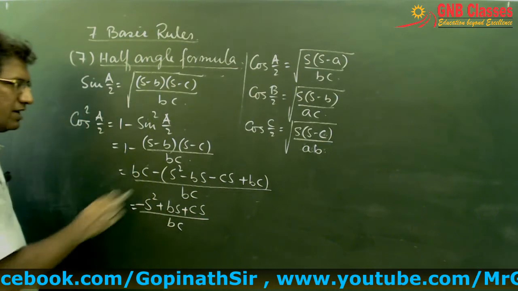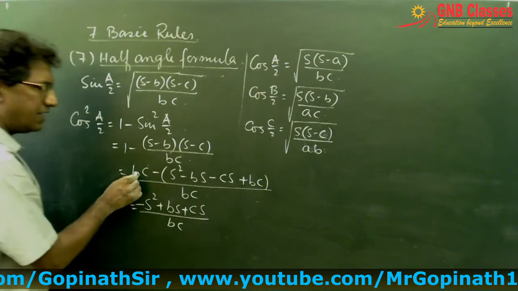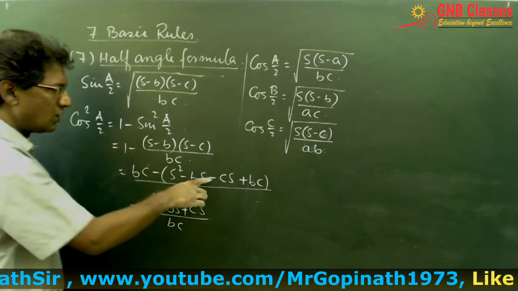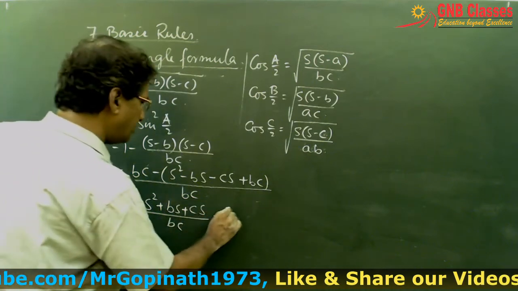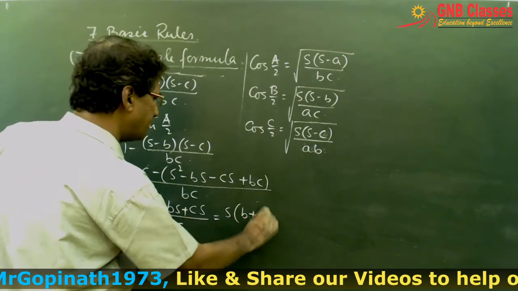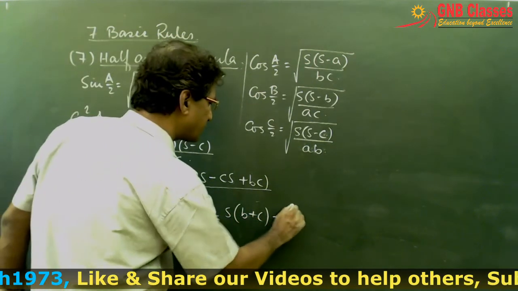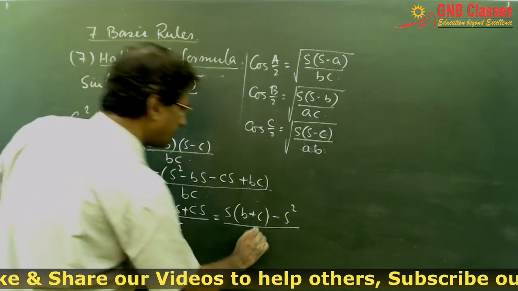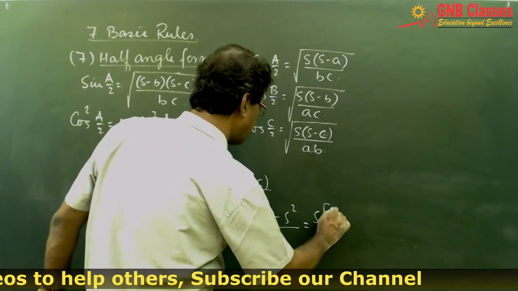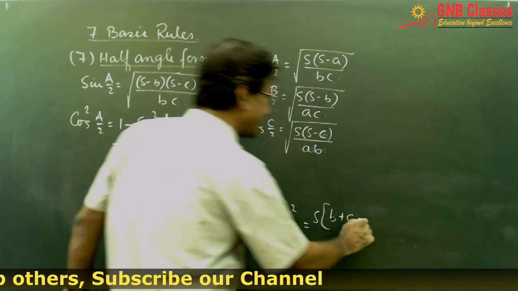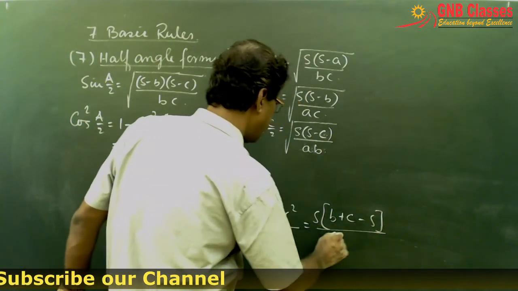Am I correct or not? If I open the bracket, BC is going to get cancelled. So we are left with this. So now if I take S common, we are left with B plus C minus S divided by BC.